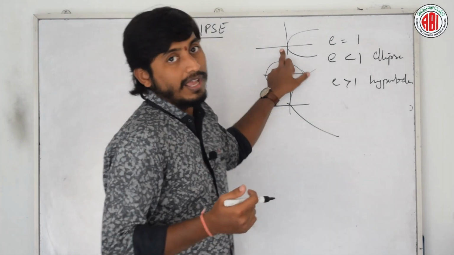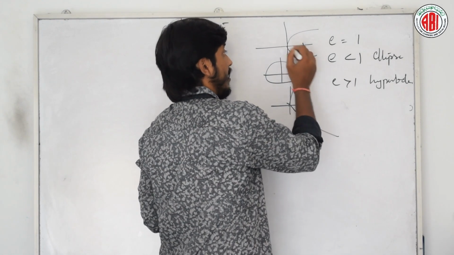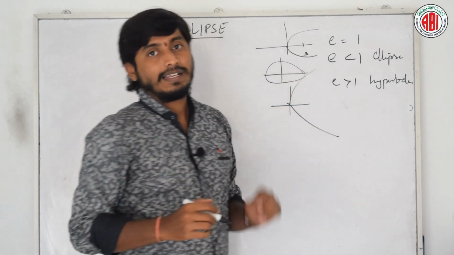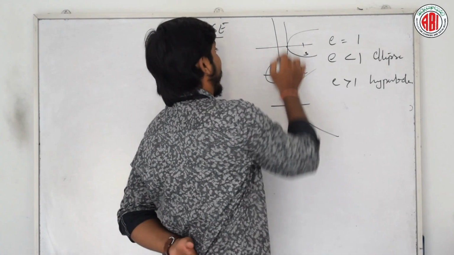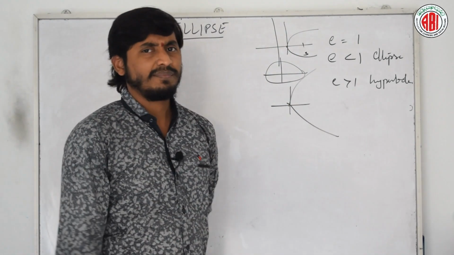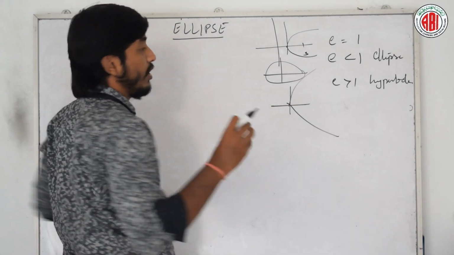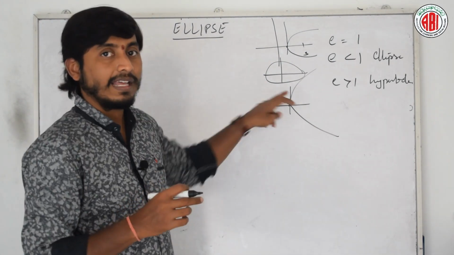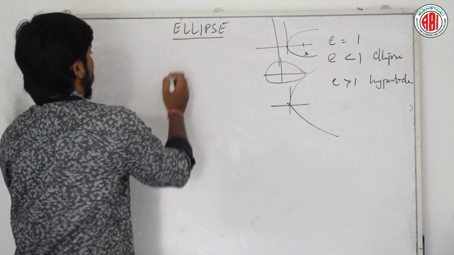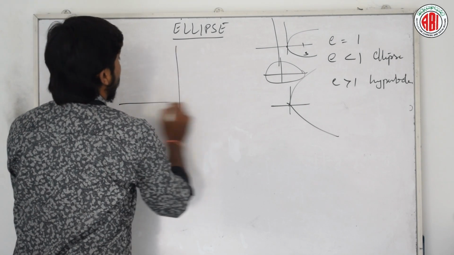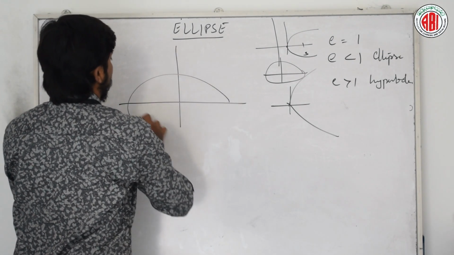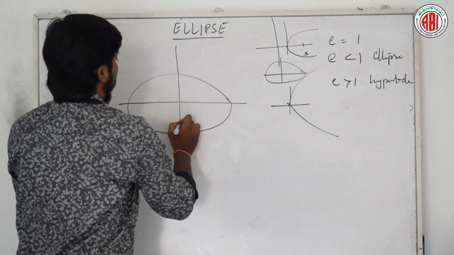That is, we used to have the focus, vertex, right, and the next one, directrix. The same things, but we will have them twice. Just join two parabolas together, then we will get an ellipse. So, how does it look? You can have a simple broad idea like this, right?